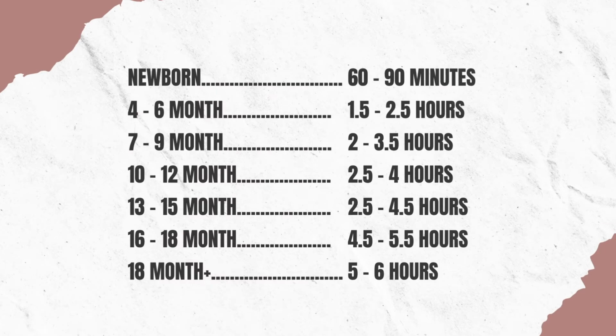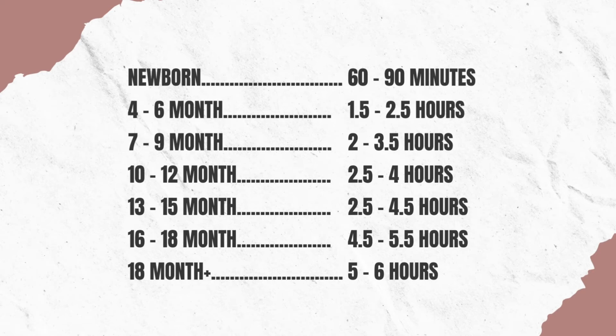So what are those wake windows by age? I'm going to start with newborn, and go all the way up to 18 months. The newborn's wake window is between 60 and 90 minutes. 4 to 6 months is between an hour and a half and 2.5 hours. 7 to 9 months is between 2 and 3.5 hours. 10 to 12 months is between 2.5 and 4 hours. 13 to 15 months is between 2.5 and 4.5 hours. 16 to 18 months is between 4.5 and 5.5 hours.